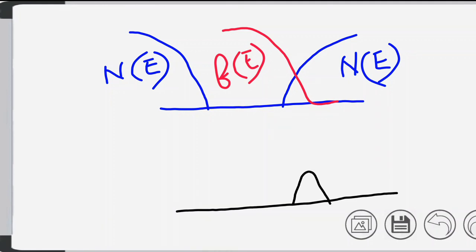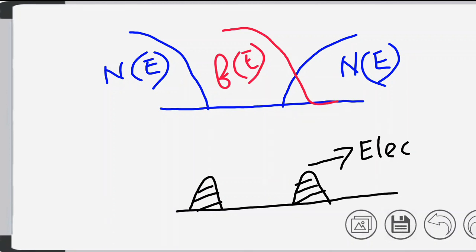The area between the two curves, one in blue and one in red, will give the number of electrons. Similarly, the number of holes can be obtained from the Fermi level and the density of states of holes.